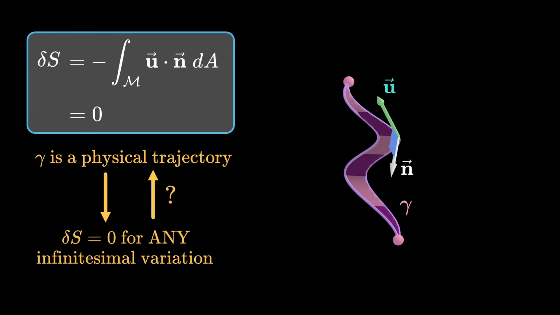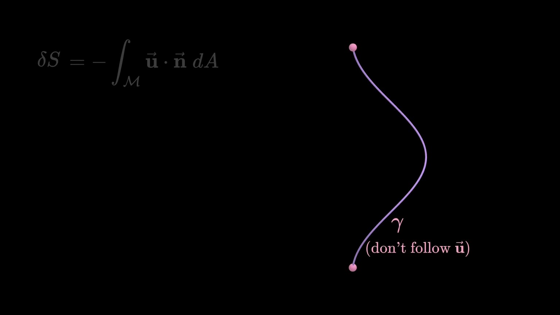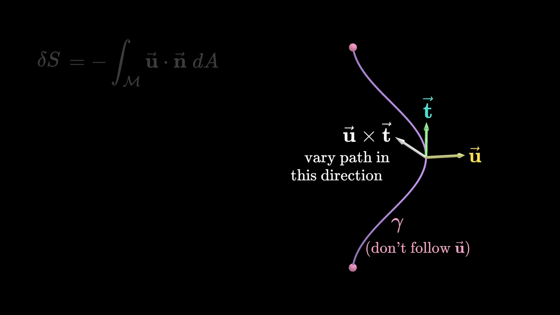Let's consider a curve gamma that is not always following the vector field u. Then there is at least one spot where the tangent vector t is not parallel to the vector field u. One possible variation of the path is in the direction of their cross product.